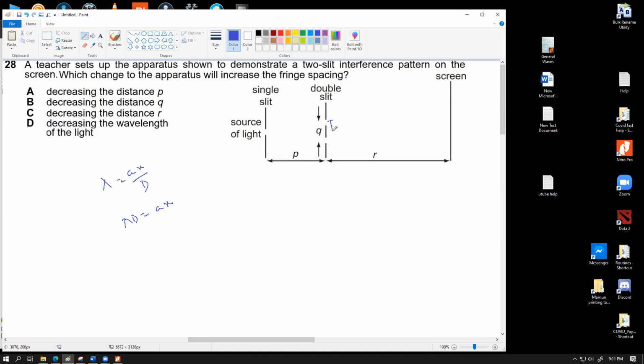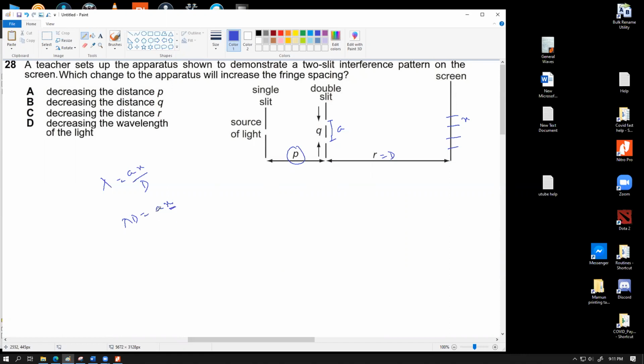This thing is a. This thing is d. The fringe separation is x, bright to bright or dark to dark. P is not at all a variable that controls x.